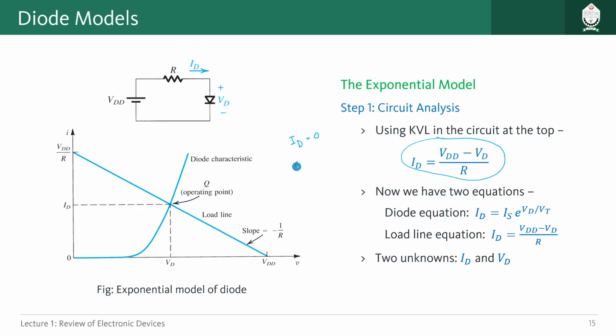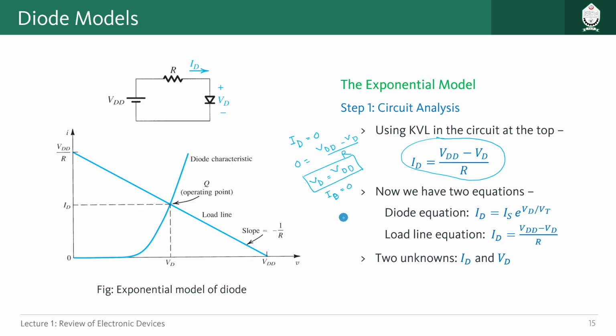So what we can do, ID is equal to VDD minus VD divided by R, right? So we will see VD is equal to VDD in this case, right? So ID is equal to 0 and VD is equal to VDD.